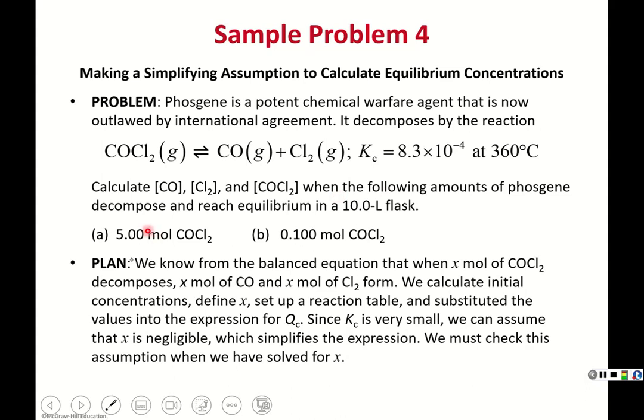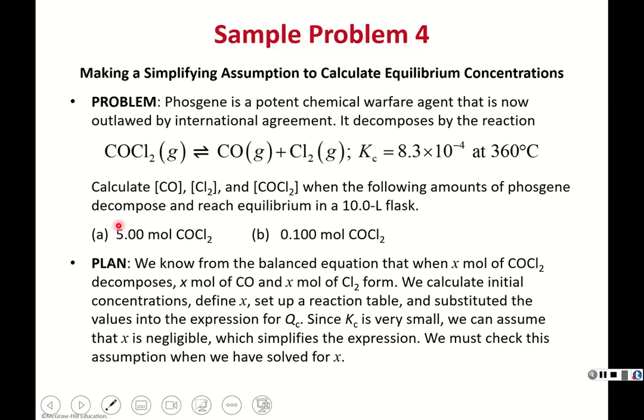So the first condition we have 5 moles. The second condition we have 0.1 moles. Okay, so in the first, just setting this up, we're talking about using simplifying assumptions. And we say you can use those when you have a relatively large reactant concentration and a relatively small Kc value.